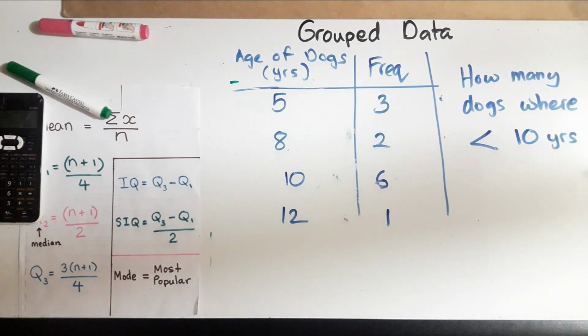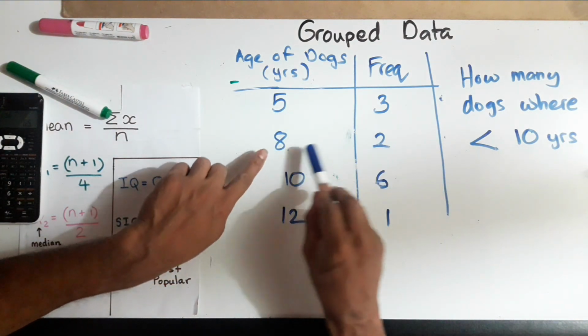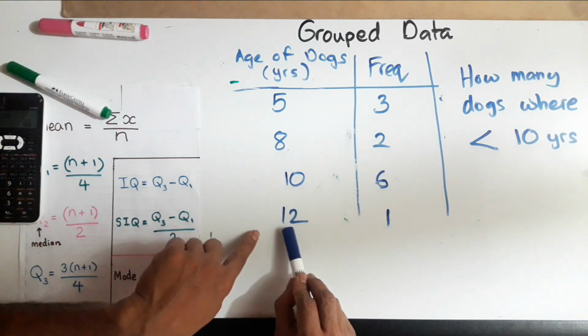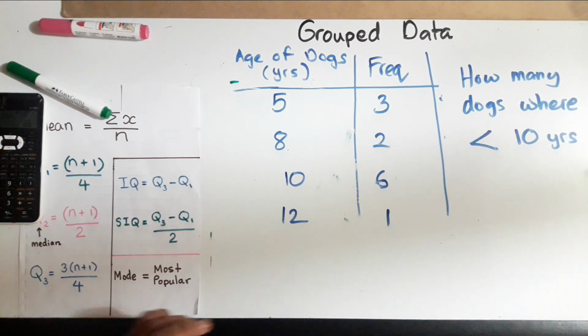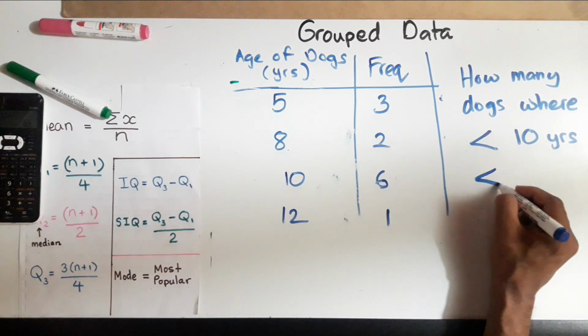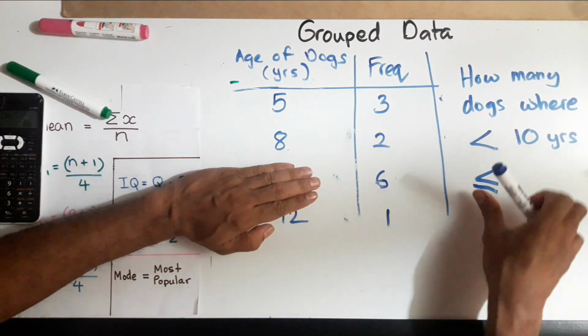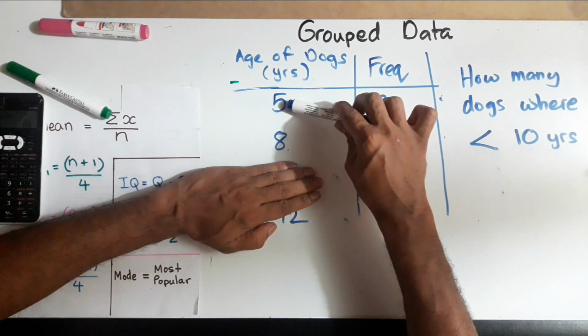What would be your answer, right? So 3 dogs were 5 years, 2 dogs were 8 years, 6 dogs were 10, and 1 dog was 12. Less than 10 years means, remember, less than is different from less than or equal to. Less than 10 years is 8 years and 5 years.